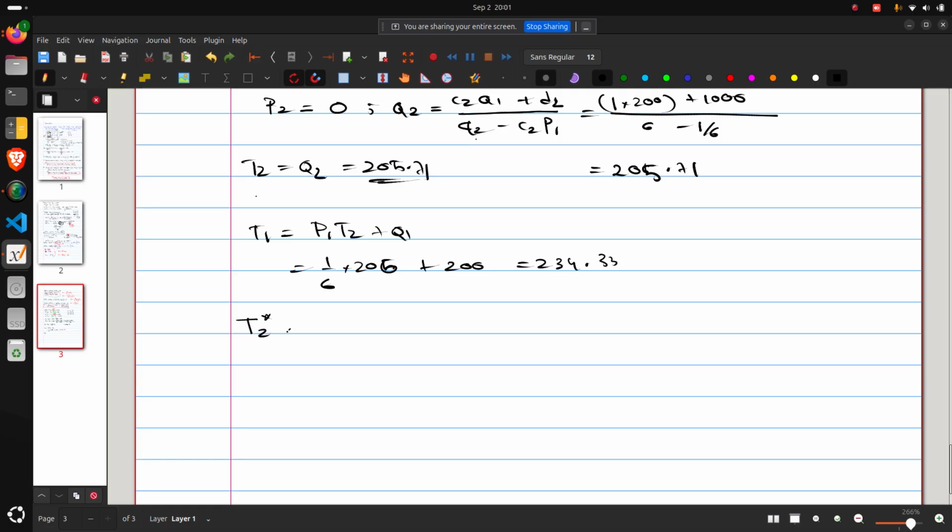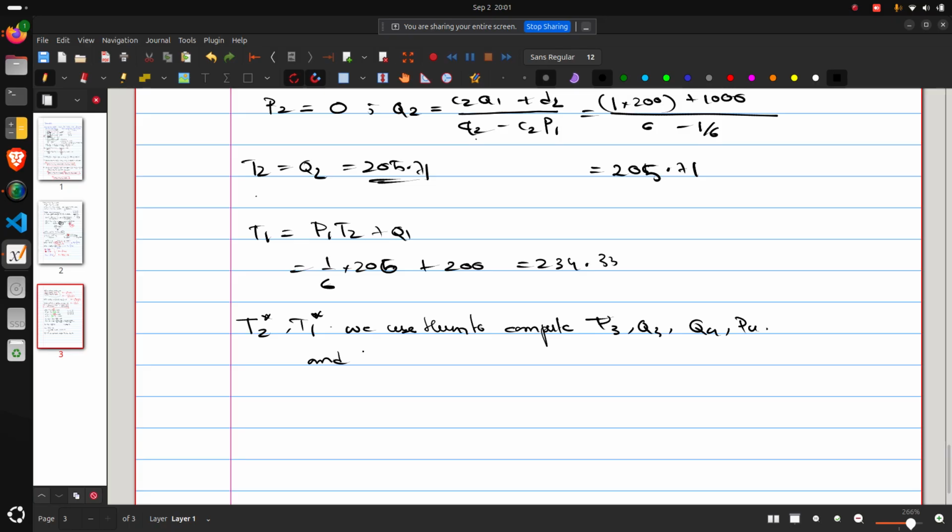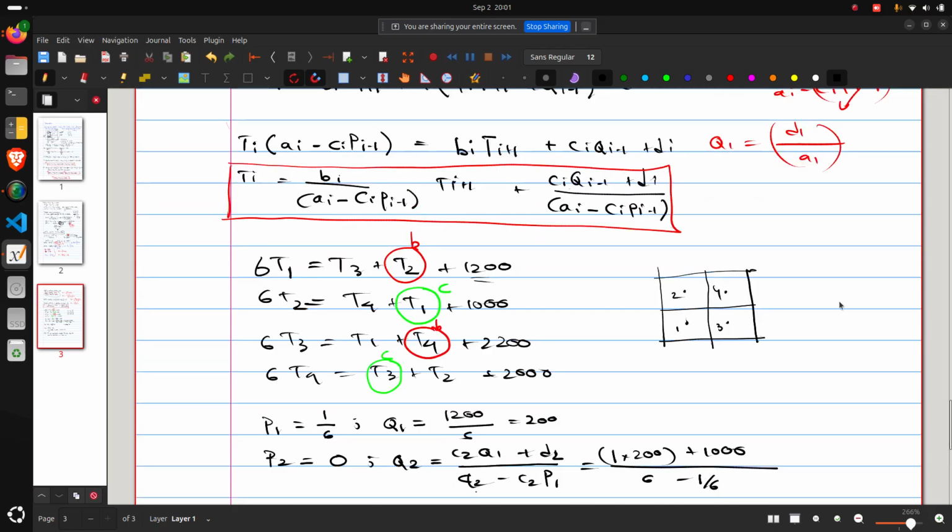So T2 star and T1 star, we use them to compute P3, Q3 and P4, Q4, and do the TDMA in the second column, right?